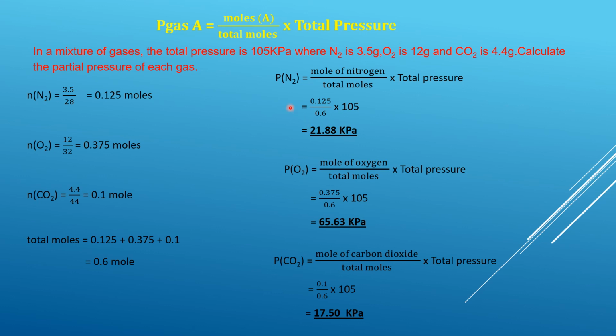But you will get a value which is close. If you add the 3 up, you will get 105.01, which is good enough because we have rounded off the answers. Had we used our original answers, then we would have 105 kilopascal exactly. So that's one way of cross-checking your work to see whether you have done the calculation in the right way or not.